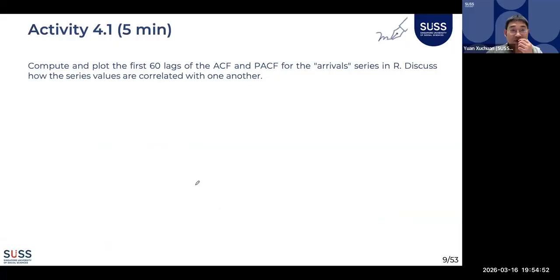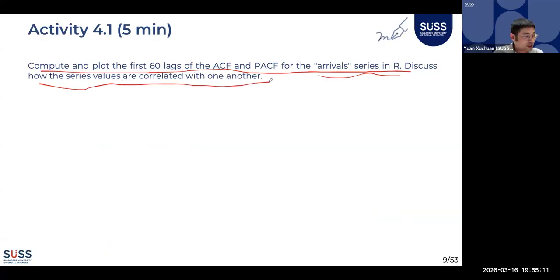Yeah, so let's do a simple activity. Okay, simple activity. Now we compute and plot the first 60 lags of the ACF and PACF of the arrivals series. Then we look at those ACF and PACF, and maybe we have some observations.